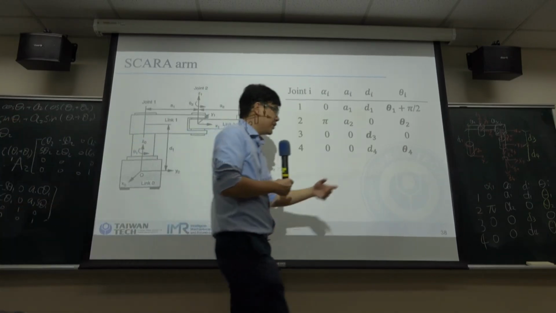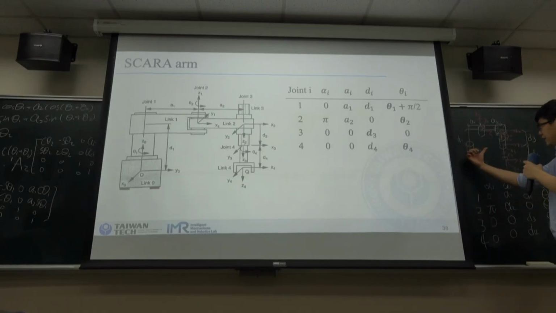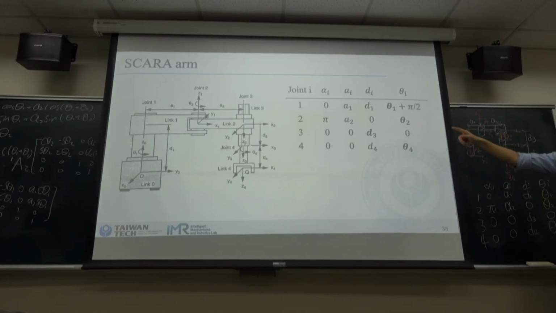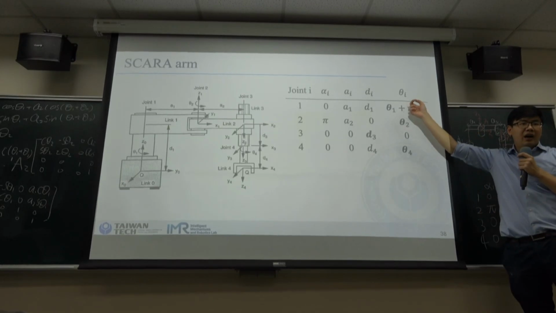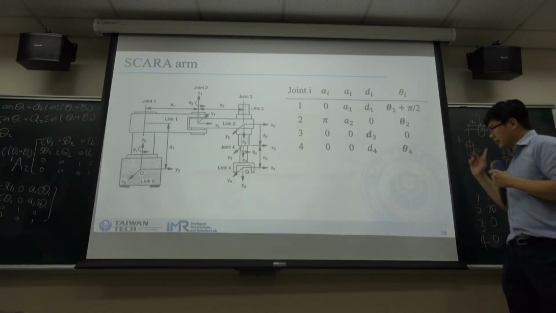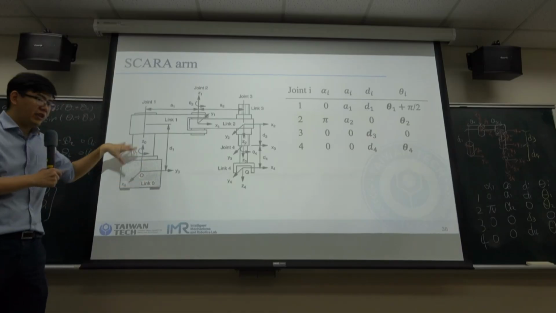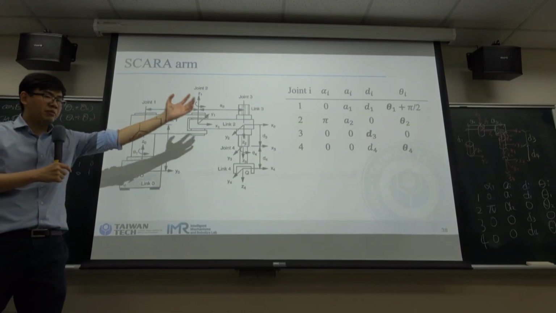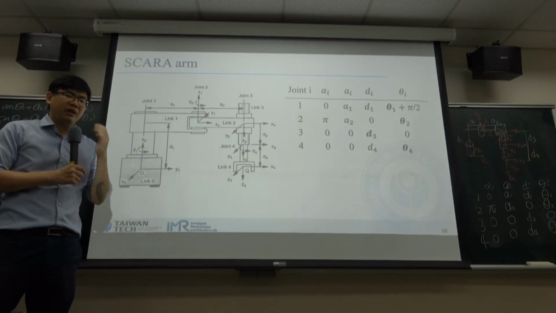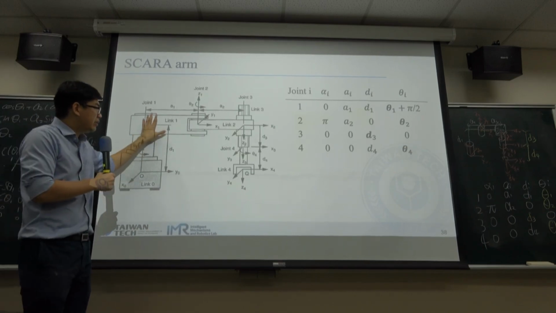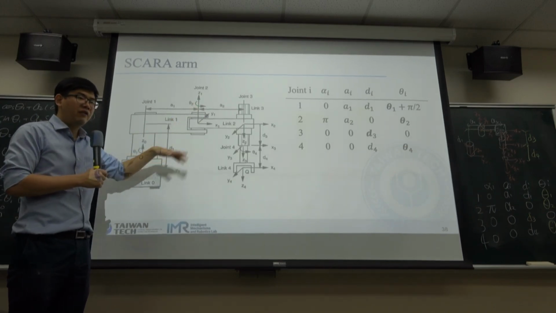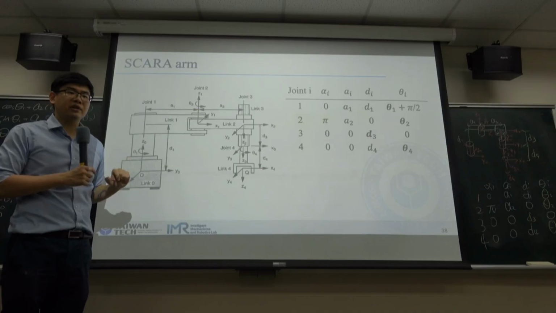But in our setup, our x is pointing this way. So this is why we have a half pi difference. If you set up your frame differently, then your DH parameters will be different. And if you set up your zero configuration differently, of course your DH parameters will be different.